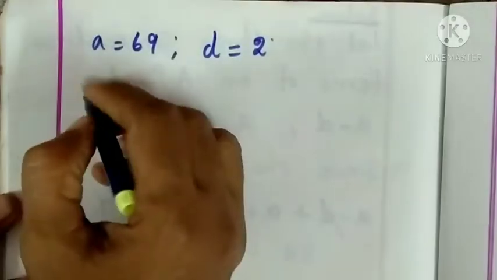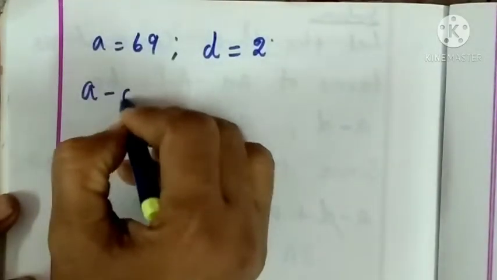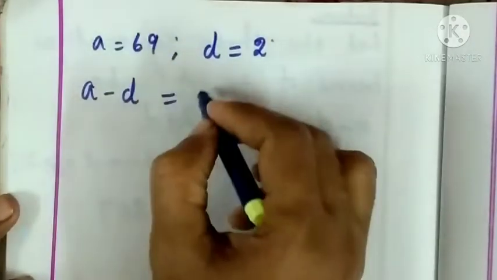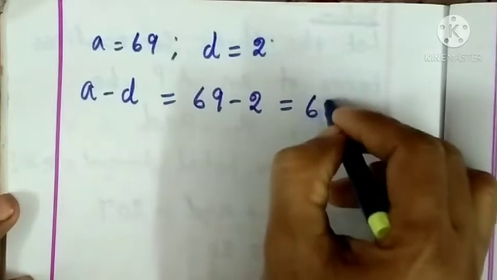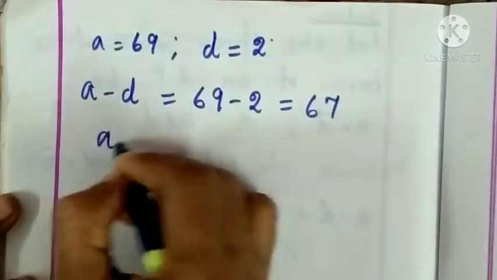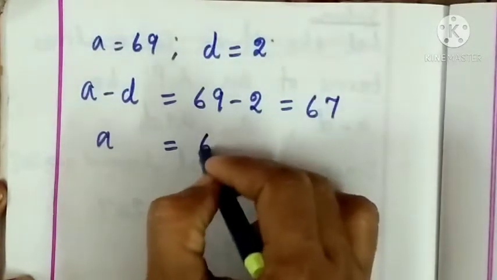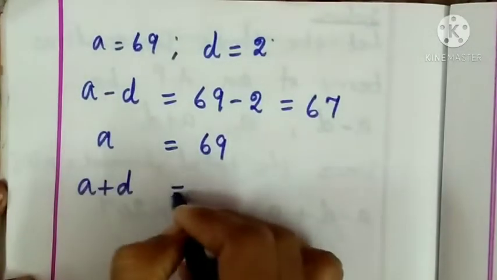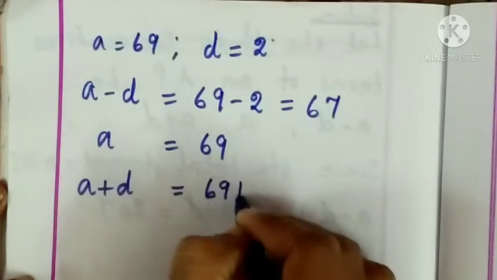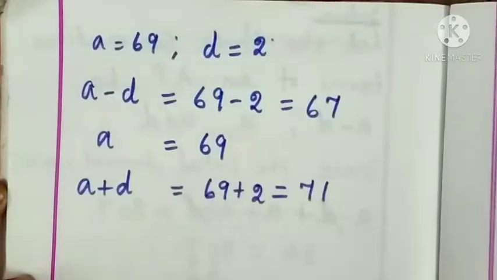Let the three terms be A minus D, that is 69 minus 2 is equal to 67. Then the second term, A is equal to 69. Then the third term, A plus D is equal to 69 plus 2 is equal to 71.